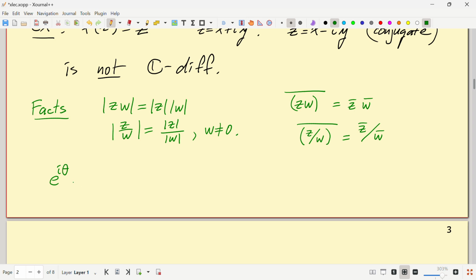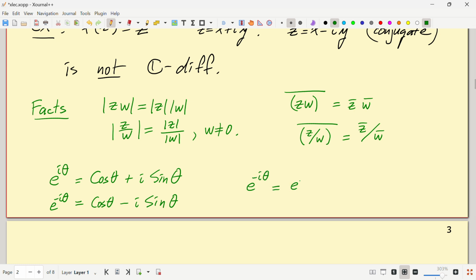Last time I wrote down what I meant by e to the i theta: it's cosine theta plus i sine theta. And e to the minus i theta is, let's see, cosine of minus theta is cosine theta, and sine of minus theta is minus sine of theta. And so we see, for example, that e to the minus i theta is e to the i theta conjugate.